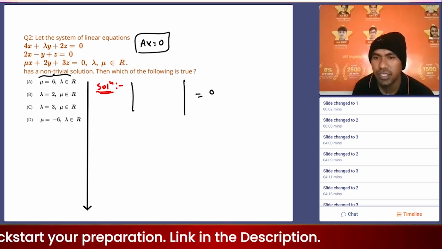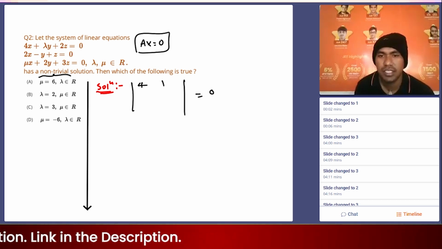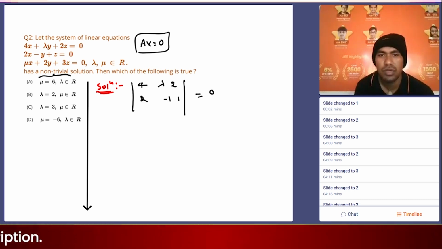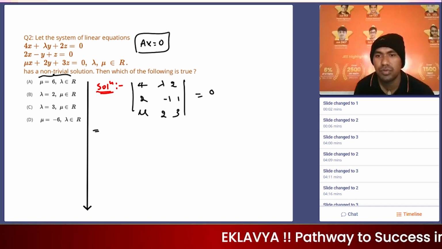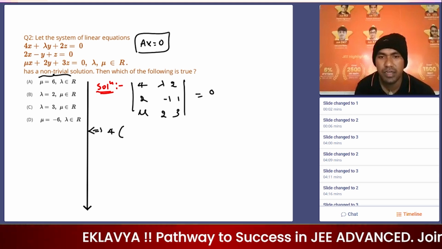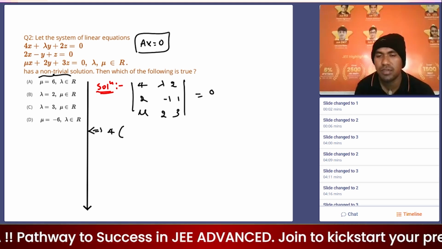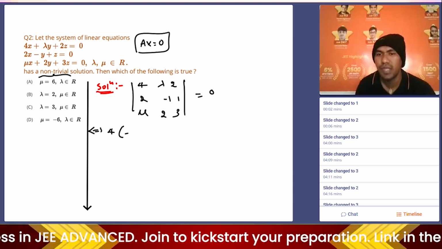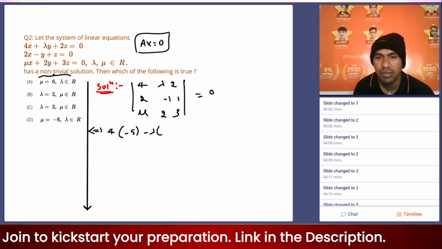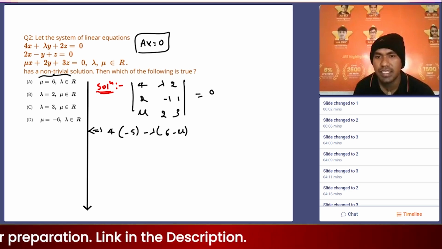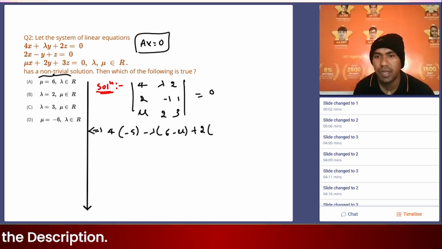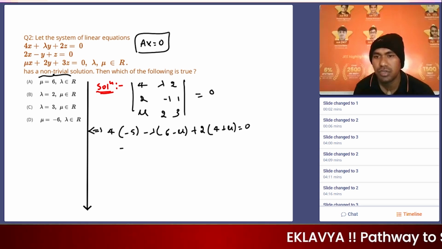So what is the coefficient matrix here? Yes, so 4, lambda, 2, and 2, minus 1, 1, and mu, 2, 3. If I apply the determinant for this one, then you will get 4 times of minus 3 minus 2, that will become minus 5, minus lambda times of 6 minus mu, and plus 2 times of 4 plus mu, which equals 0.